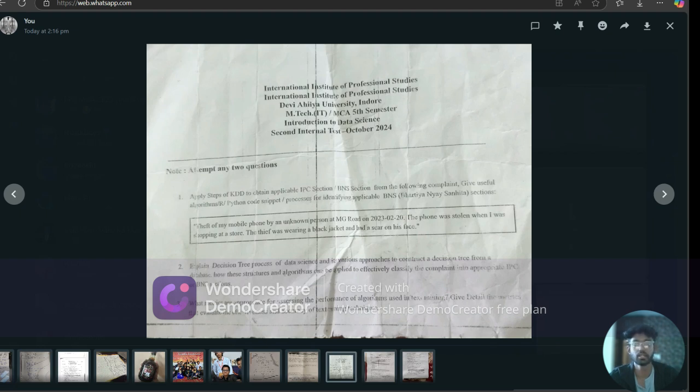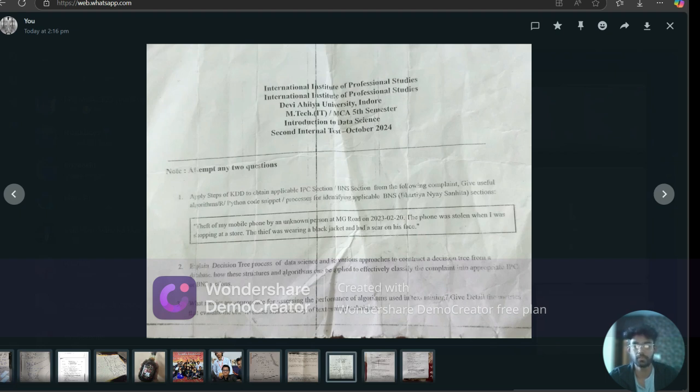The decision tree process involves the following steps. First, data preparation. Collect and pre-process the data, including handling missing values, encoding categorical values, and scaling numerical values. Second, root node selection. Select the root node of the decision tree, which is typically the feature with the highest information gain. Third, splitting.